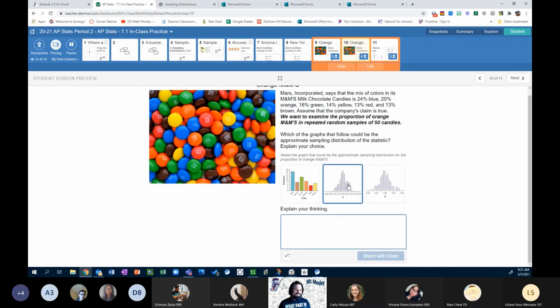So the second graph in this set is the approximate sampling distribution for the statistic, or could be. And then here, anything I can clarify on this example?